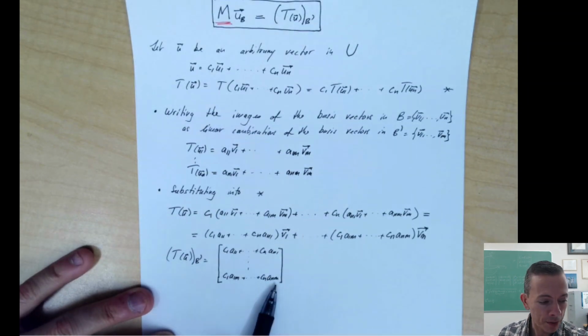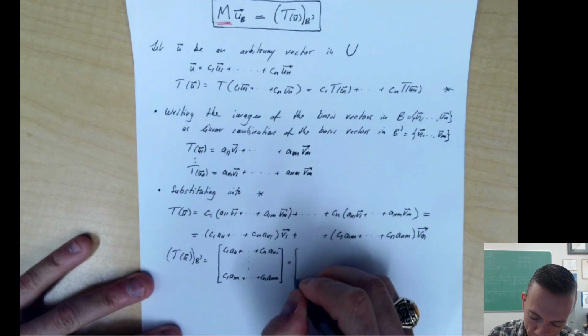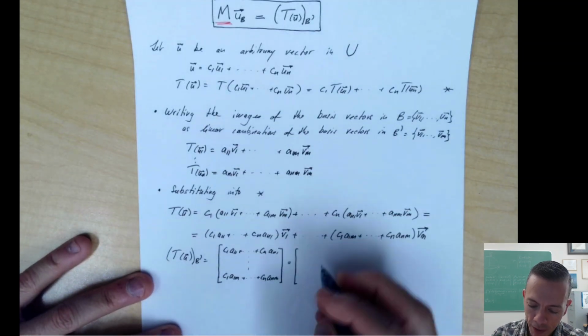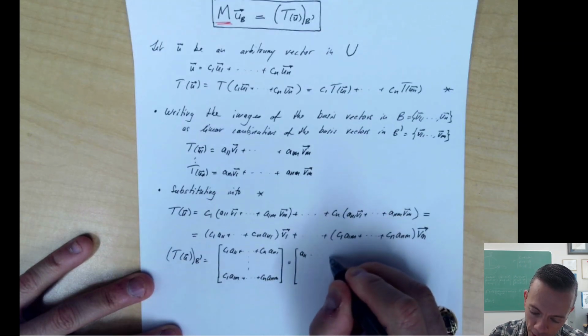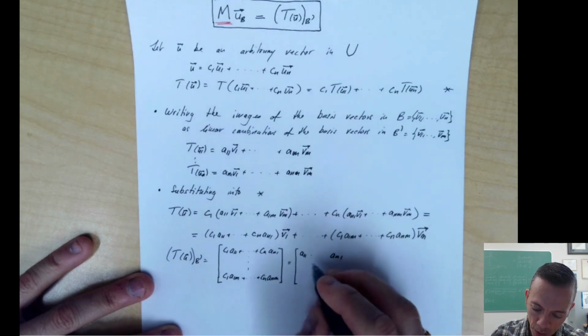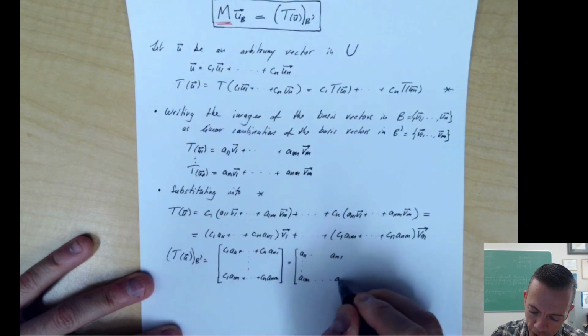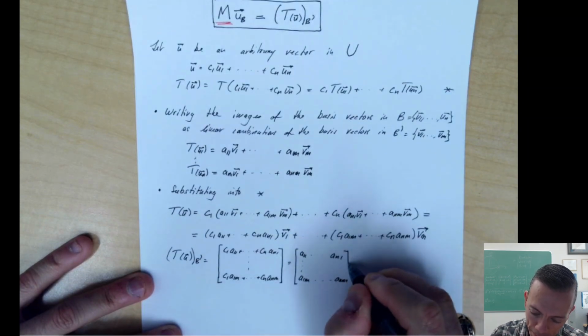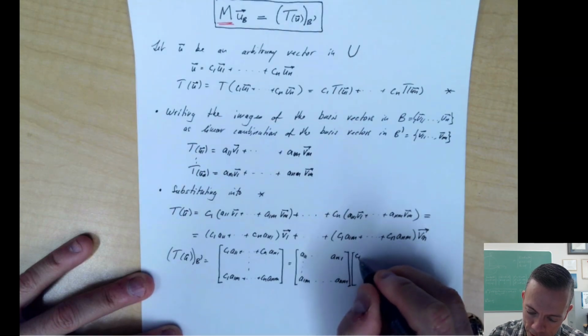So this vector can itself be broken down into a matrix times a vector: the matrix a11 through an1 across and then down to a1m and over to anm, times the vector c1 to cn.